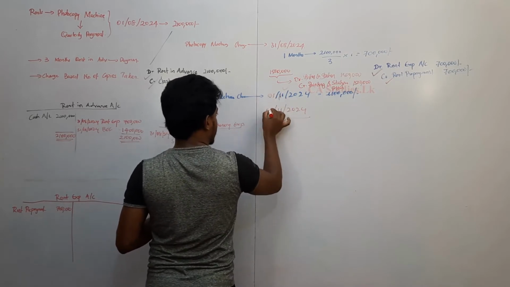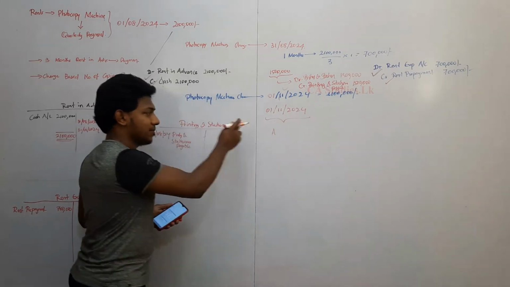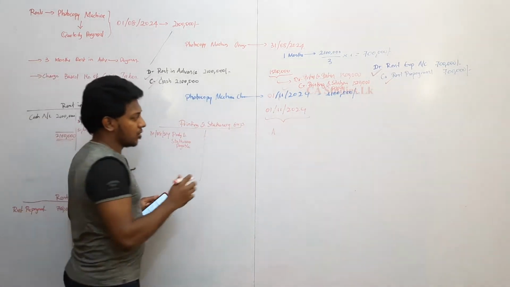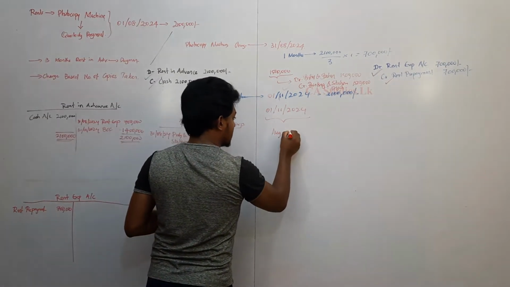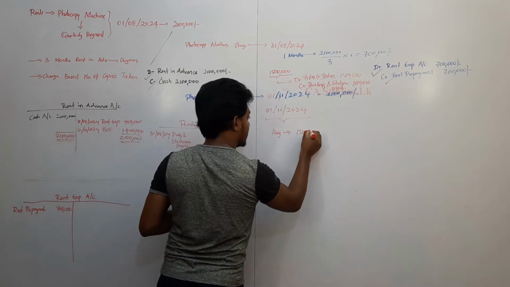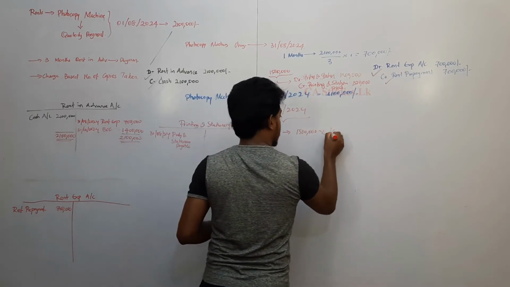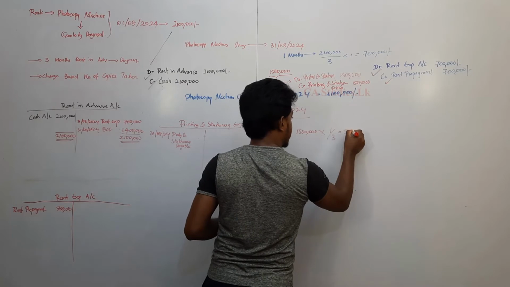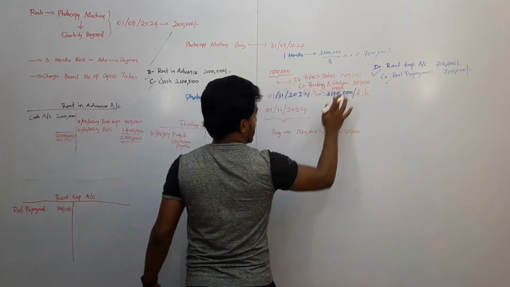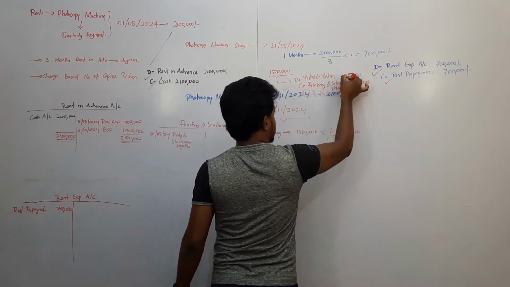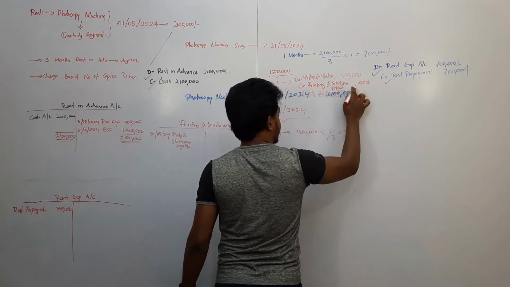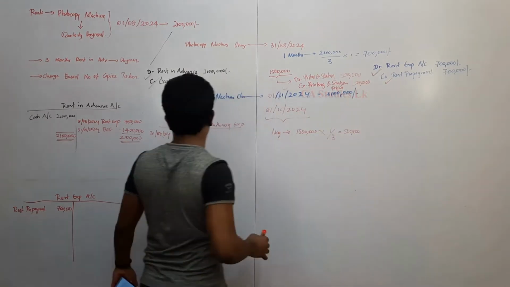So 1st November we are taking. 1st November means October, September, August. So the August printing and stationery cost will be 1/3 of this 1.5 million. 1/3 is 500,000. Not 5 million, and not 1.5 million. It's 500,000.